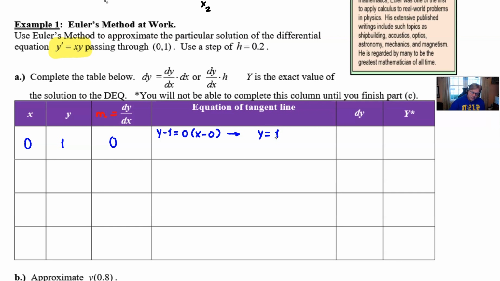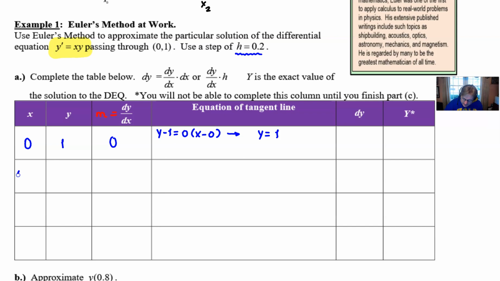Now, I want to temporarily bypass the dy and the Y columns because those aren't going to play a big role in finding our Euler's method approximation, but we'll go back to them in a little bit. So what do we do on the next iteration? Well, we implement our step size. That's how far over from the original x of 0 we're going to find ourselves.